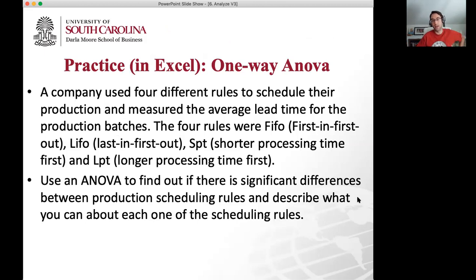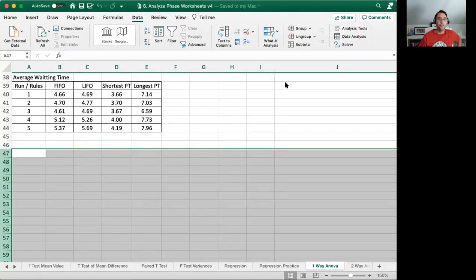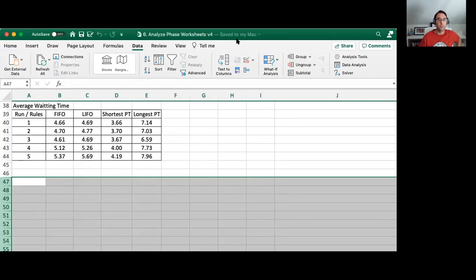So what I want you guys to do now is to open your Excel file. In the Excel file, we have the different rules that were used to schedule production and measure the average lead time of different batches. We have the rule of FIFO, first in, first out. Imagine that you're receiving orders of products, each order is one batch, and you have to organize them into a production schedule to see which ones are going to be produced first, right?